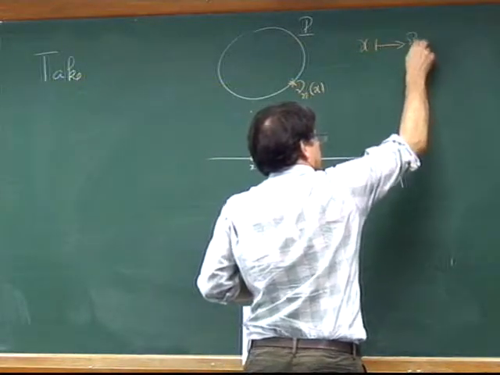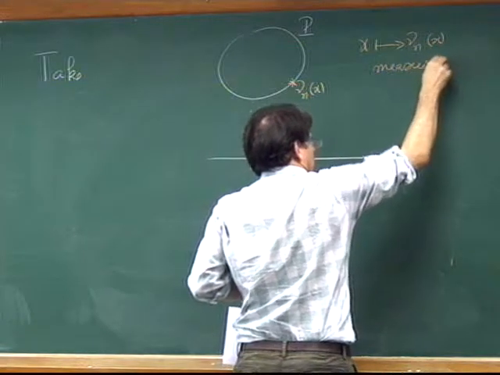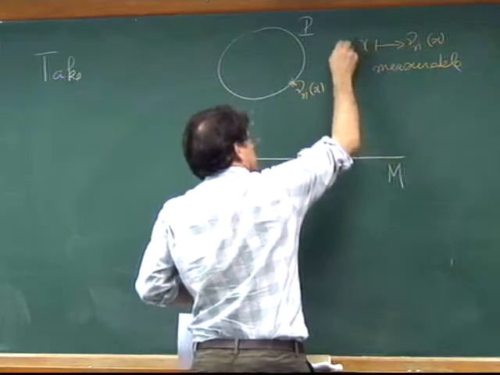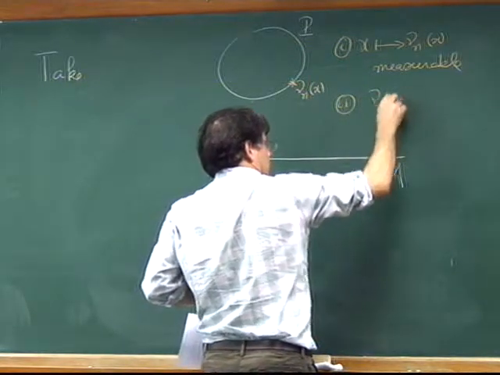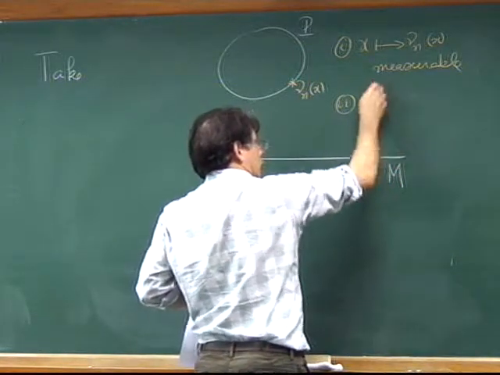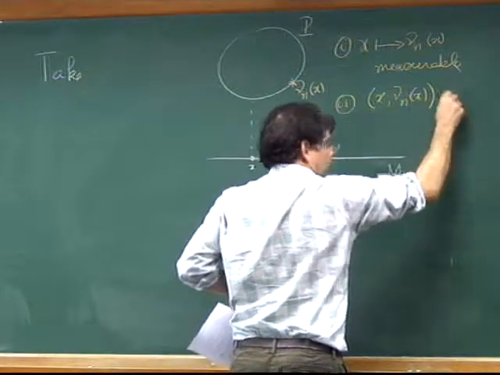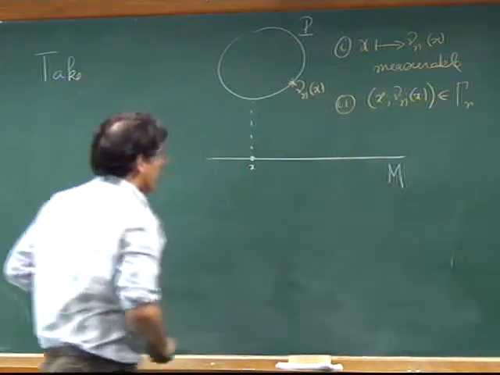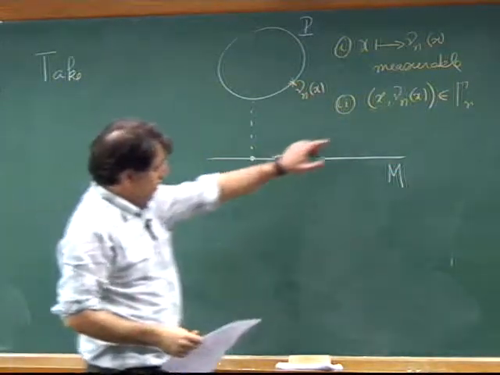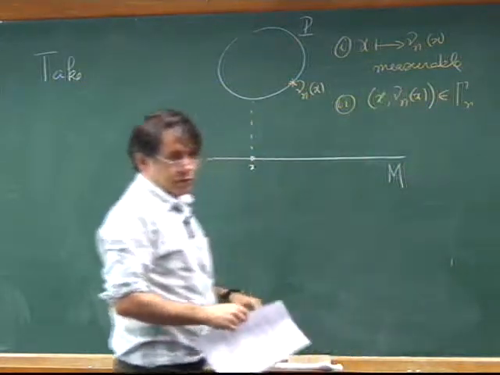This point depends measurably on x. This is the first condition. And the second condition is that nu n of x belongs to this gamma n. Okay, you can choose one vector where the expansion is maximal, and you can do that in a measurable fashion.